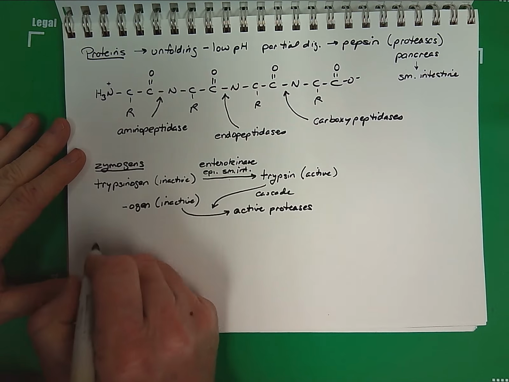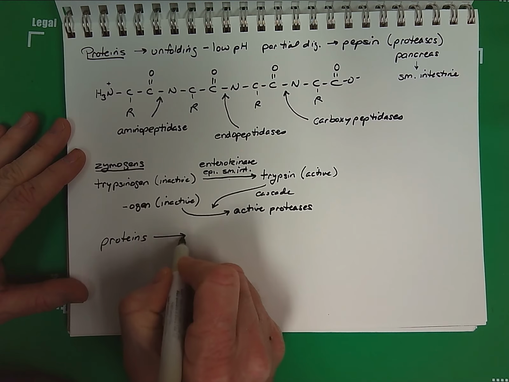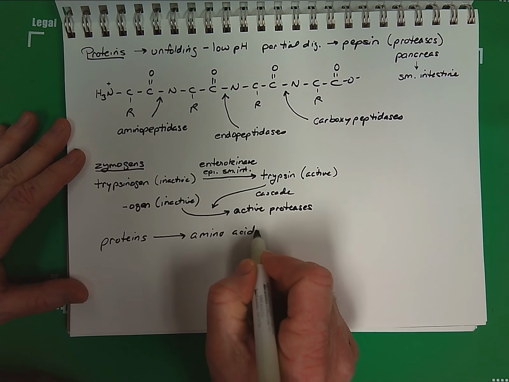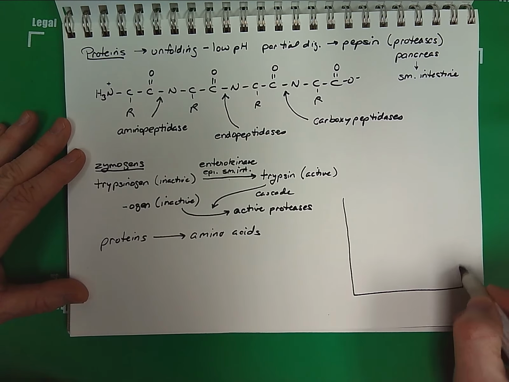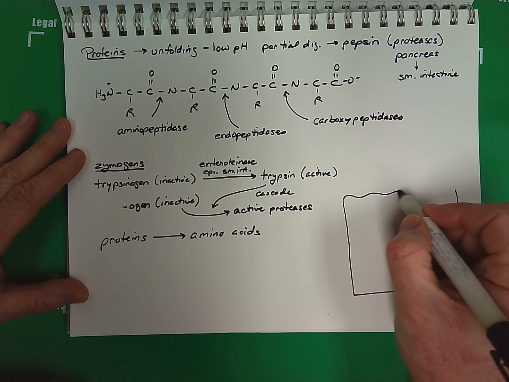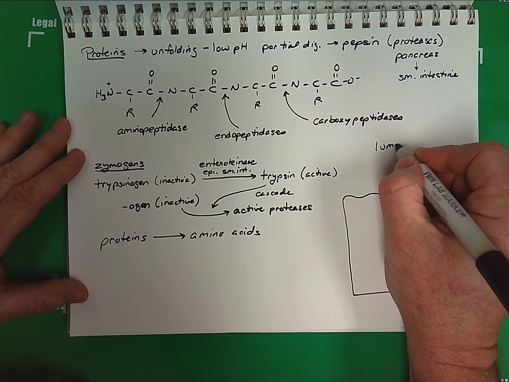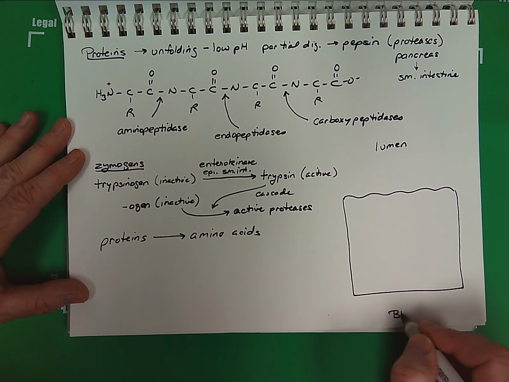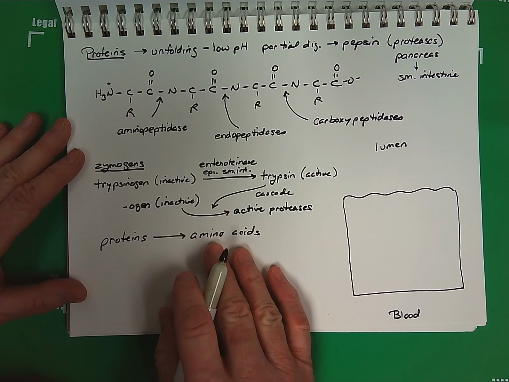Now, the whole purpose of this is to take proteins and convert them into amino acids in the small intestine. Once we have this, then we can transport these molecules from the lumen of the intestine into the cell and into the blood. Now recall the structure of amino acids.